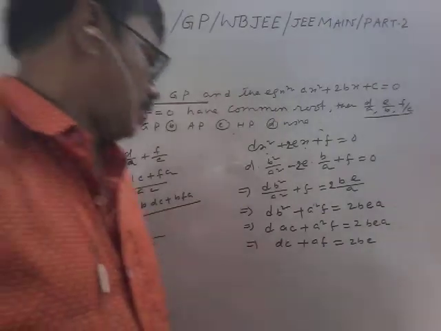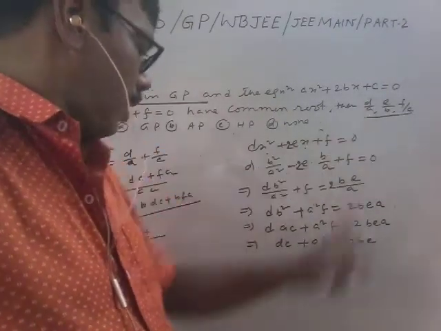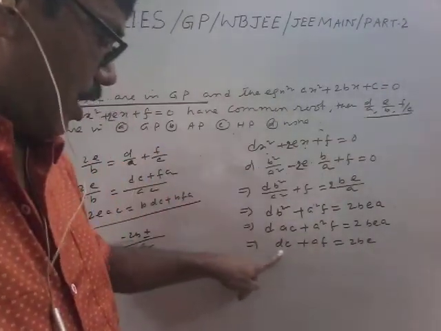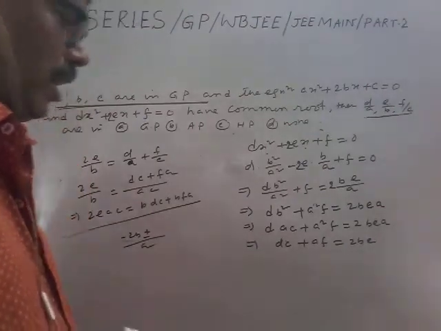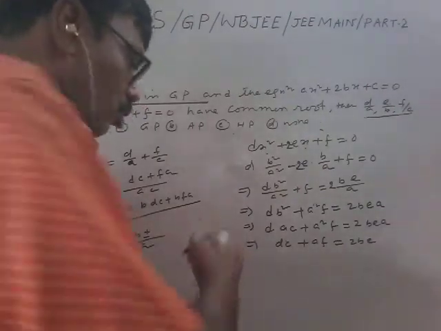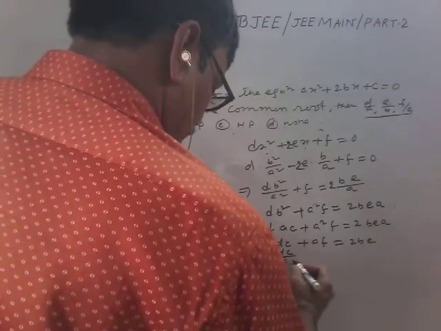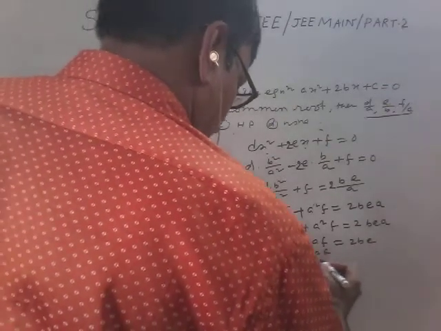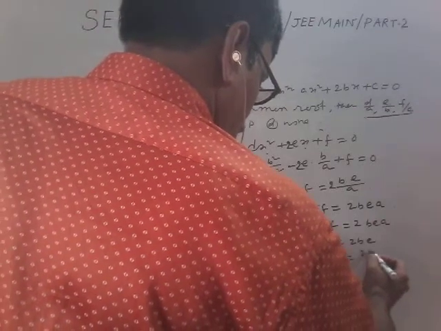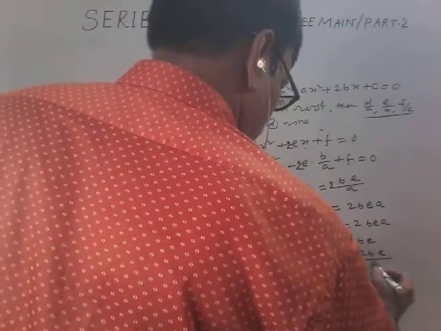Now d by a. To get d by a, you have to divide throughout by AC. So dc by ac plus af by ac equals 2be by ac.